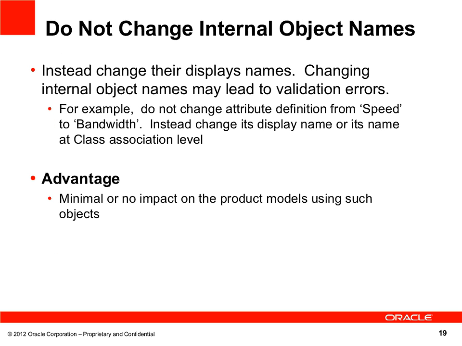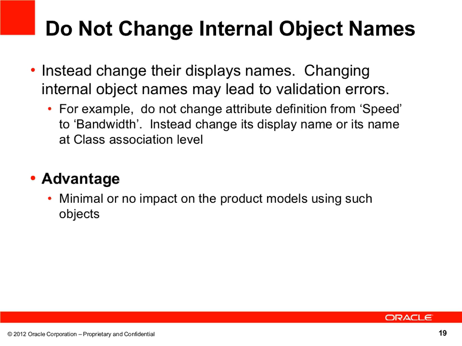Okay, last point for the modeling part is don't change the internal object names. That's something which comes from our experience with service requests. If you make a decision for an internal name, for instance, based on naming conventions in your guidelines, then you should keep this name for the whole life cycle of the product, of the class, or of the attribute.